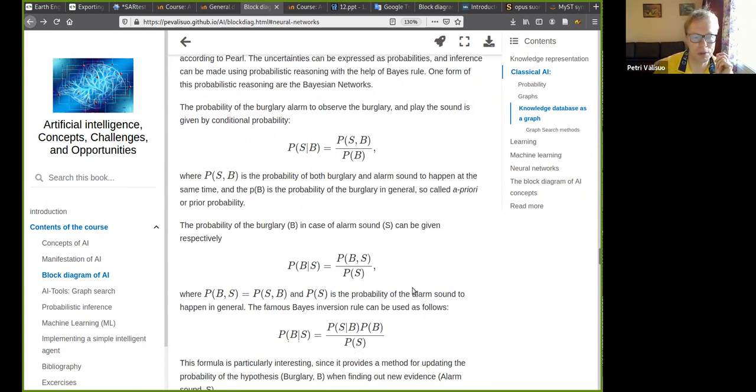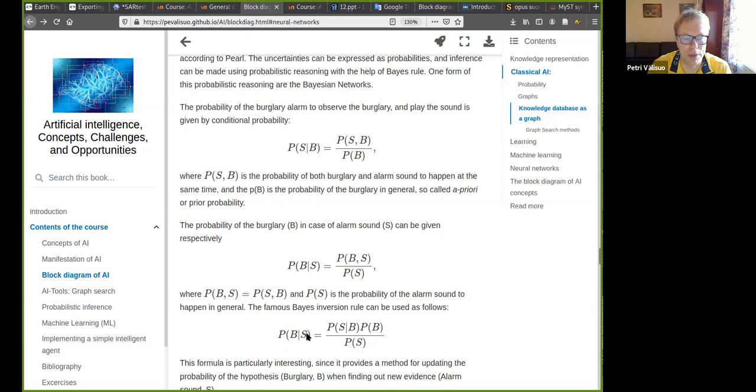If you know that the probability of alarm sound in case of burglary is something, then you can also calculate what is the probability of burglary if the alarm was on, by using this Bayes inversion rule.